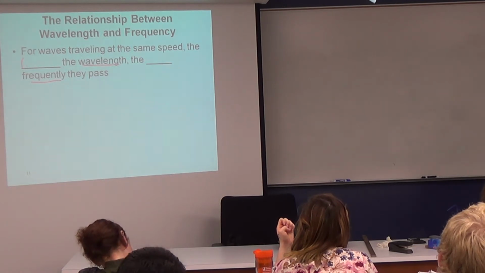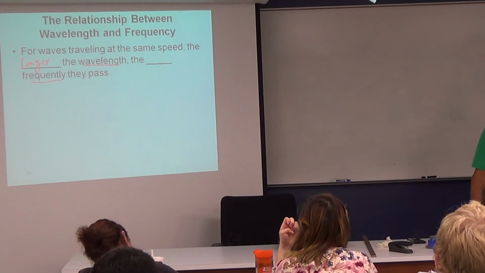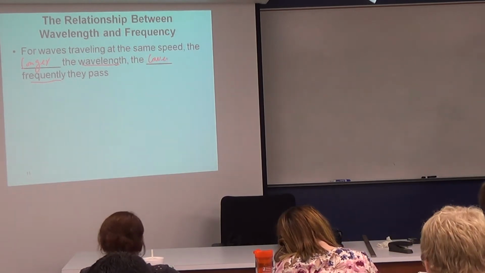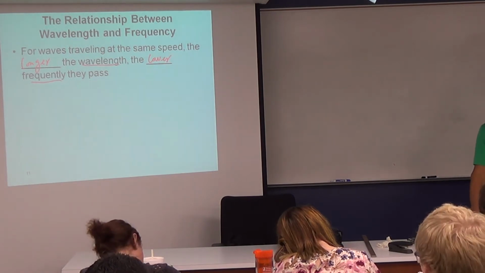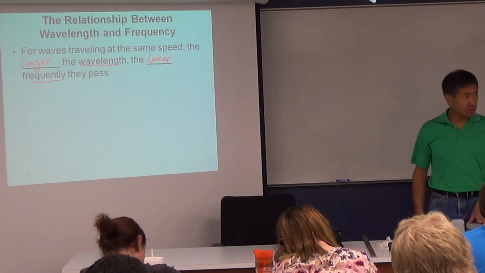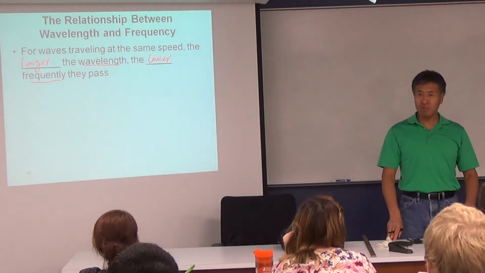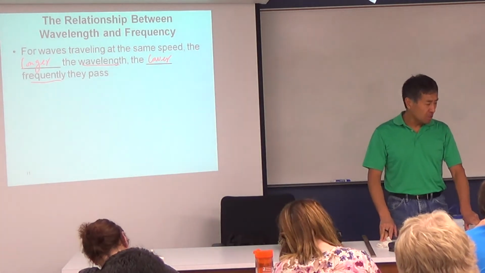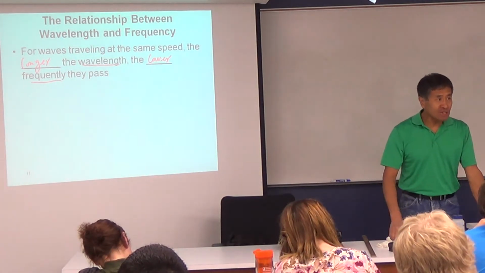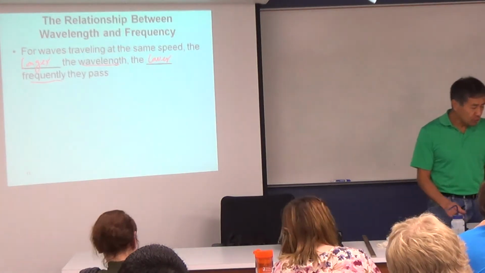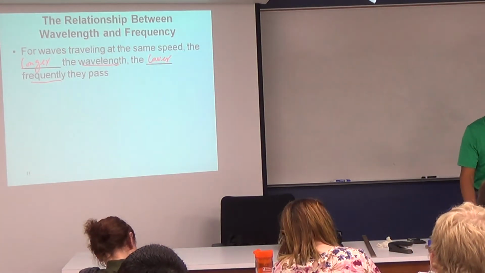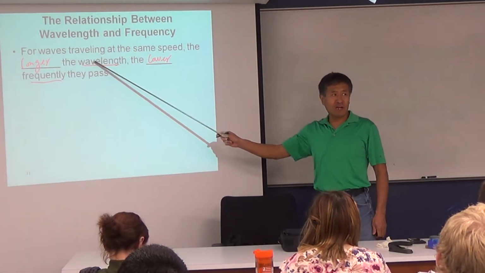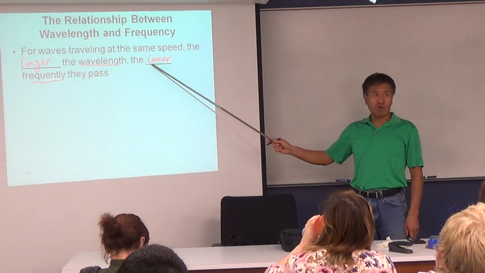Okay? So if you have a longer wavelength, you will have a lower frequency. I don't remember the word I used in the lecture notes, but just any word, just make sure they are matching like this. So what you find out is the wavelength and frequency are inversely proportional. So this one is longer wavelength, and this one is lower frequency.